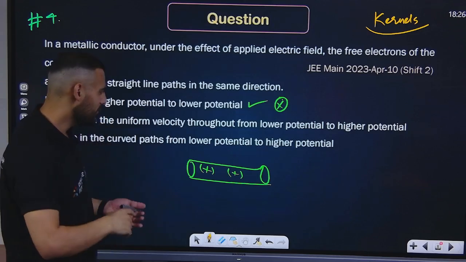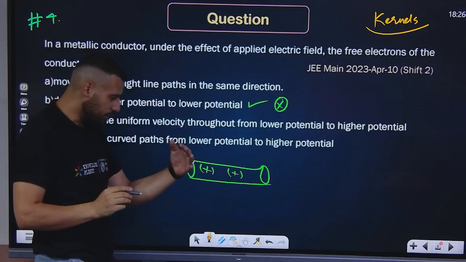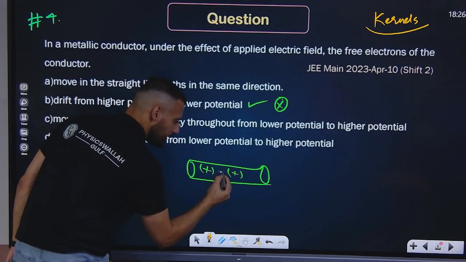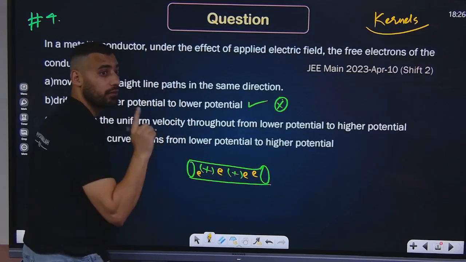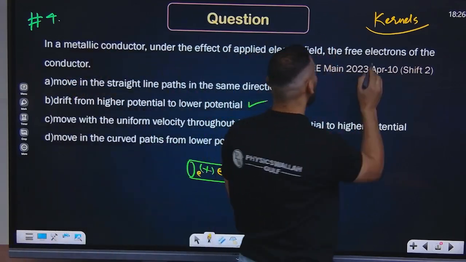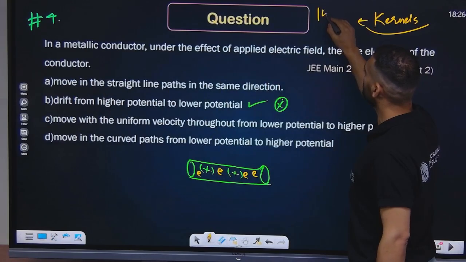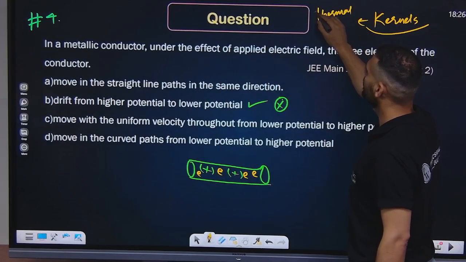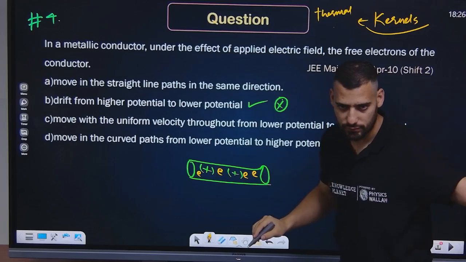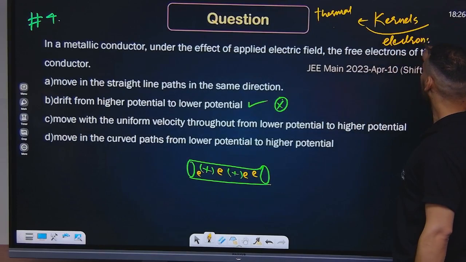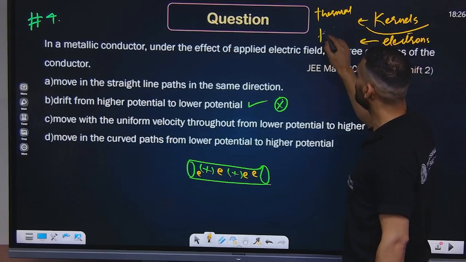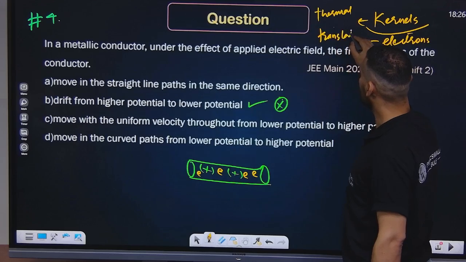Now see. Another kind of charge which is present inside these conductors is your electron. Remember, kernels are only there to show thermal vibrations. They do not show translation. But when you talk about electrons, they alone can show translation.